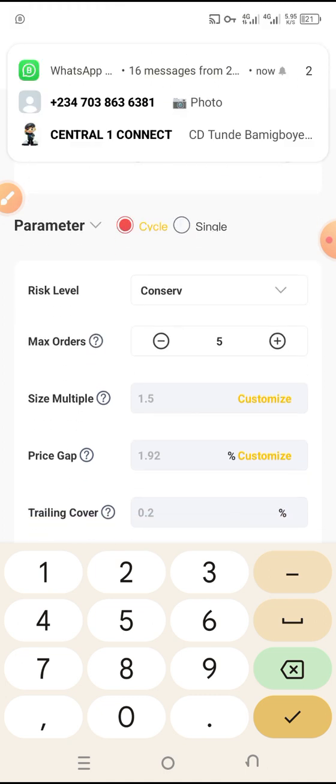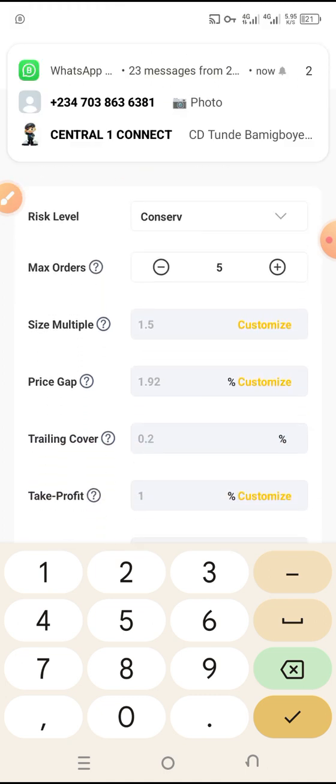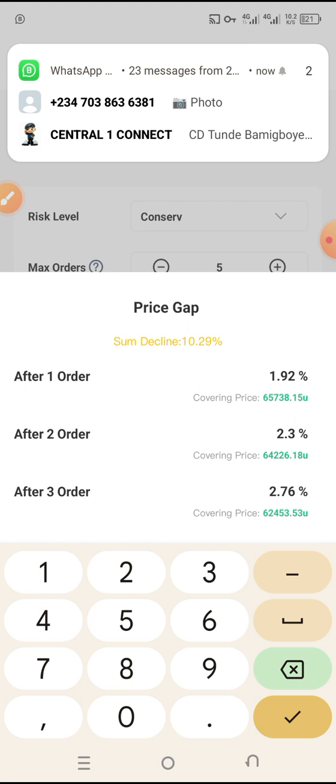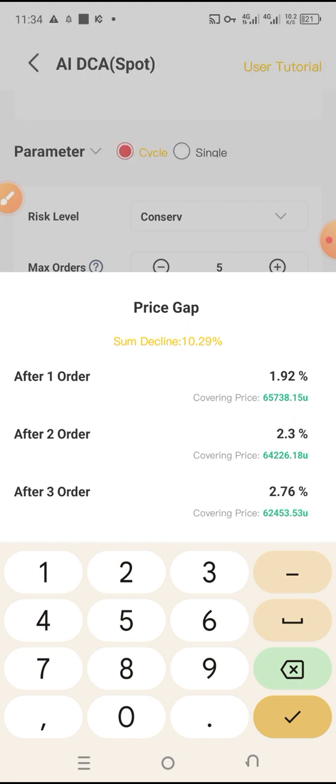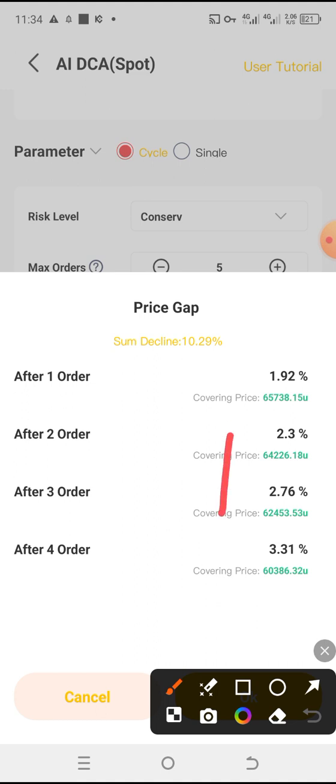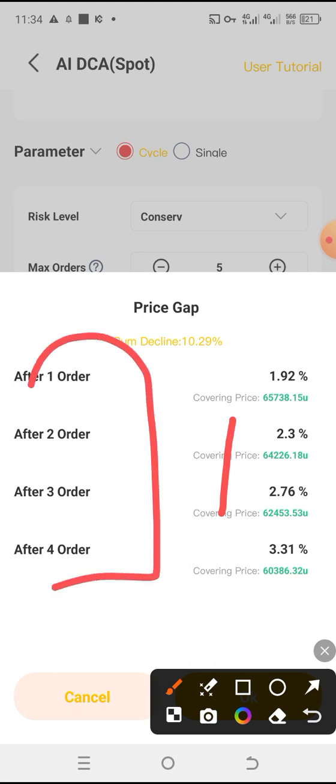The difference is this. Let's go back to the price gap. The other time, when we were trading with 7 orders, that means 6 extra orders plus the first one making 7. This one is having 4 extra orders plus the first one makes just 5.